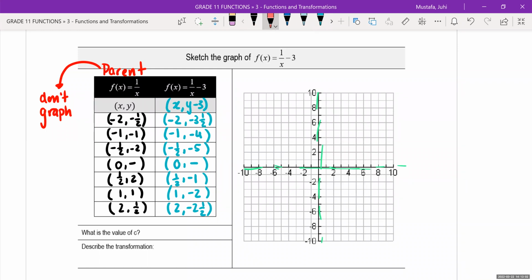Whenever you have a number over here, this number tells you that you're going to have your horizontal asymptote at y is equal to whatever number is written there. So that's the shortcut, quick way to figure it out. You look at that number, and that tells you you have a horizontal asymptote at y is equal to -3.